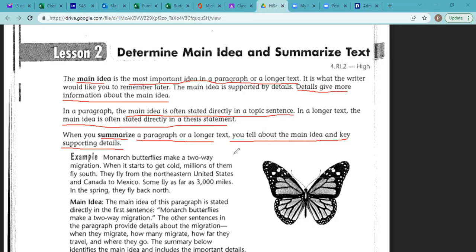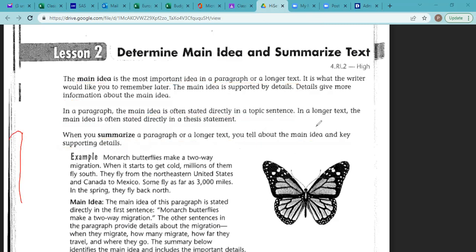It includes the main idea, and you probably want to put maybe one important detail in there. It just depends on how long this text is. If it's a paragraph, you may just want to go ahead and state the main idea in your own words or add maybe one detail. If it's a longer text, then of course, you're probably going to have maybe a short little paragraph. Okay. So let's take a look at an example here.